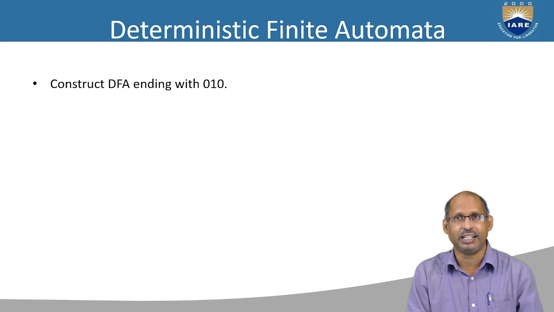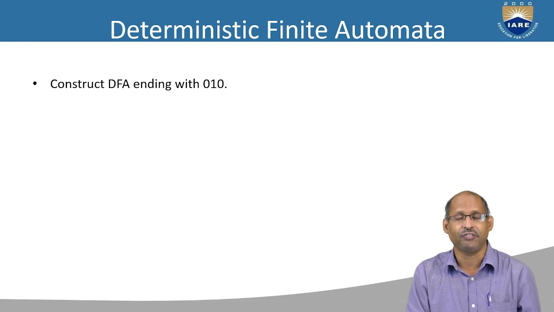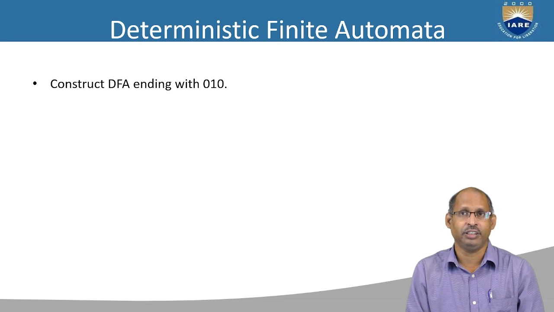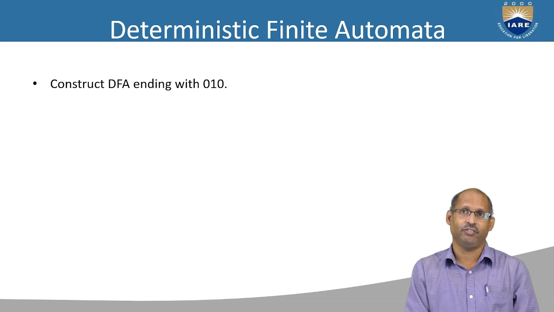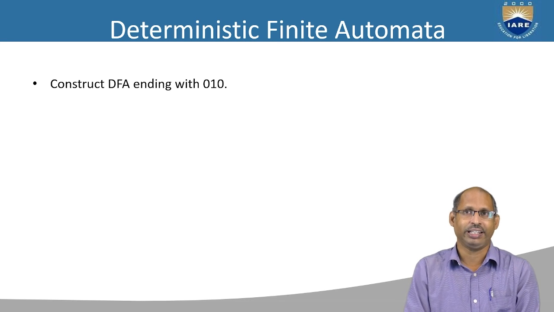We specified the condition with starting symbols. But here the problem is to construct a DFA ending with 010. So practice this given problem, and I'm closing this section with this one, the example problems for deterministic finite automata.